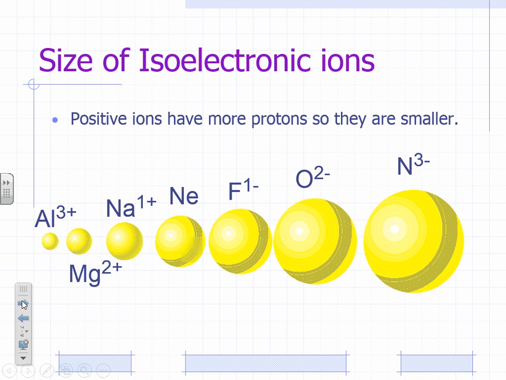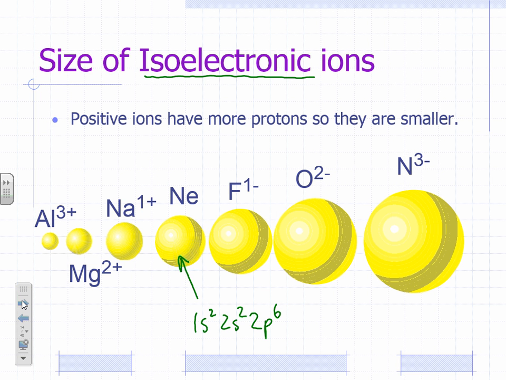Now, isoelectronic ions, isoelectronic means that they have the same number of electrons. So when we look at the electronic configuration of all of these ions that are shown on this slide, they all have a configuration of 1s2, 2s2, 2p6. They are all isoelectronic with neon.